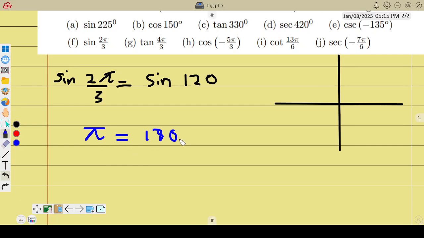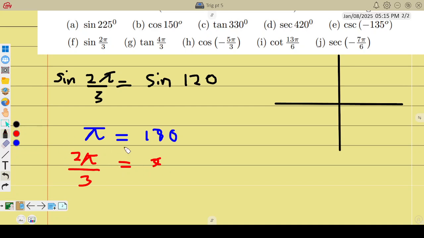So pi is equal to 180. So what if we have 2 pi? So this is the conversion factor. So what if you have 2 pi? What is 2 pi over 3? It will be equal to x, because we don't know.